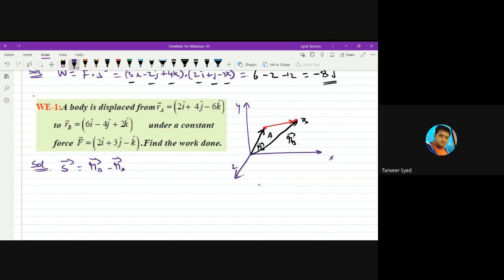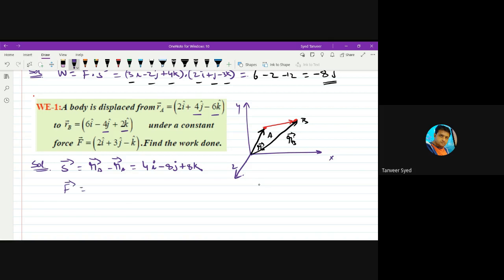So RB minus RA: 6i minus 2i is 4i, minus 4j minus 4j is minus 8j, and 2k minus of minus 6k is plus 8k. This is the displacement.